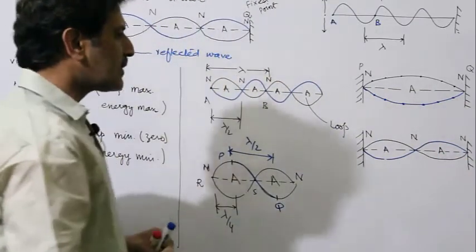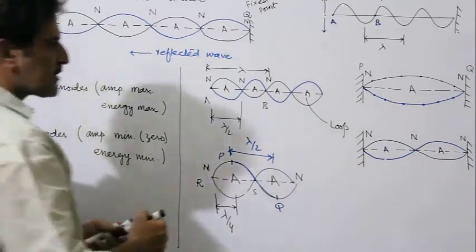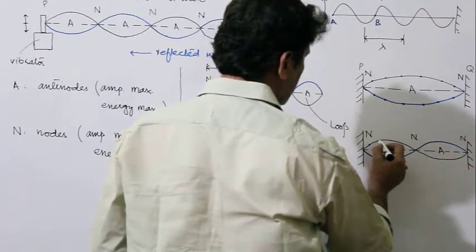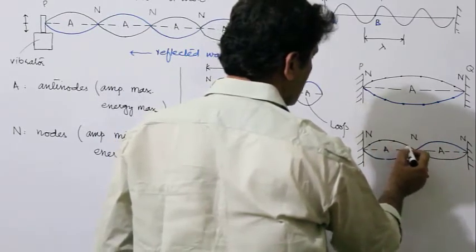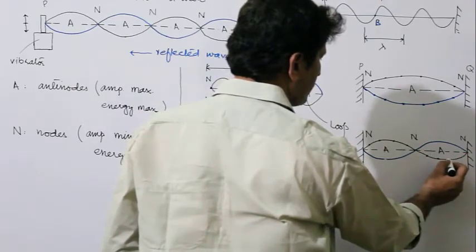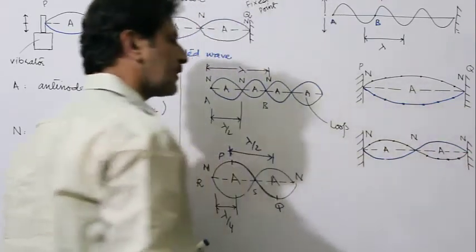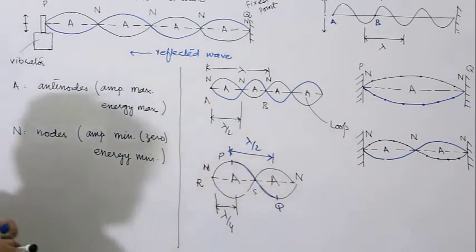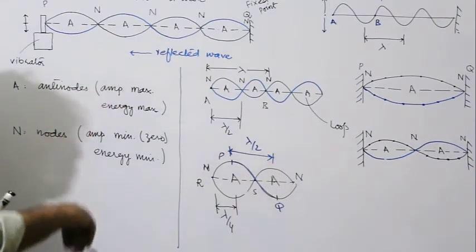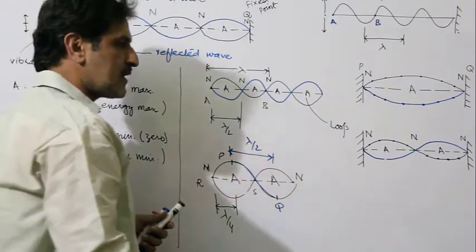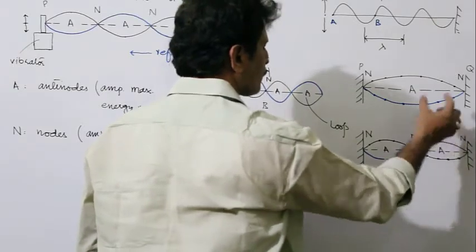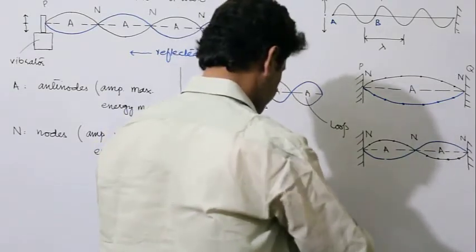And now we'll discuss the movement of the particles. For example, at the time t equals 0, all of the particles are on the black wave here. We are considering 4 particles in the first loop and 4 particles in the second loop. Now after some time, when we release it, all these particles will move in the first loop vertically downwards simultaneously, and all these particles will move vertically upwards in the second loop.